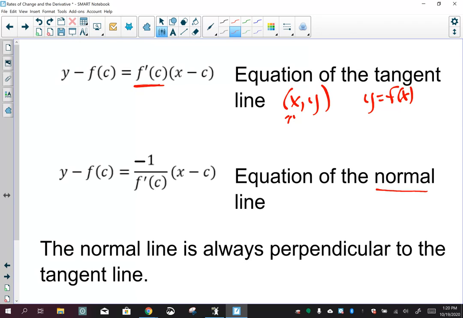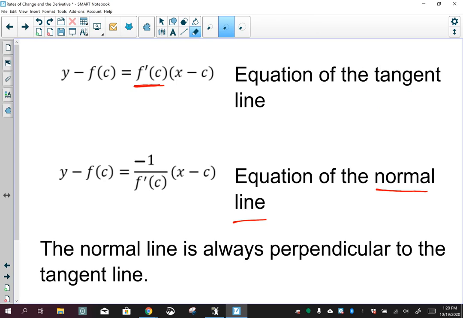The normal line, because sometimes you're going to be asked to find the normal line as well. The normal line is extremely easy because you've done all the work up here. You take whatever this is, you flip it and change the sign, and that becomes a slope. You use the same point, that becomes a new slope, and then you solve.